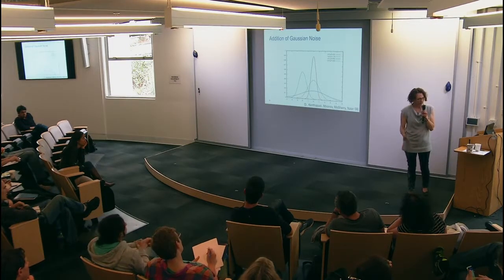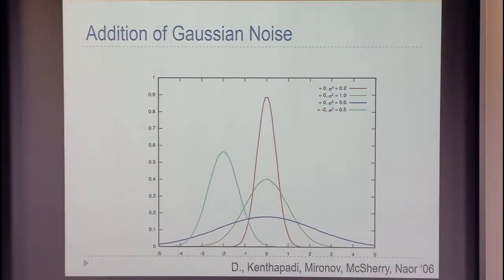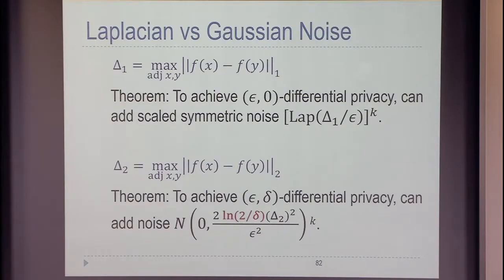Another application of epsilon delta differential privacy, as I said, is that you can add Gaussian noise rather than Laplace noise. And the theorem looks like this. This is our old theorem, which said that to achieve epsilon 0 differential privacy, you can add noise that's scaled to this L1 norm difference sensitivity. And for the Gaussian, you get to look more like the L2 norm.